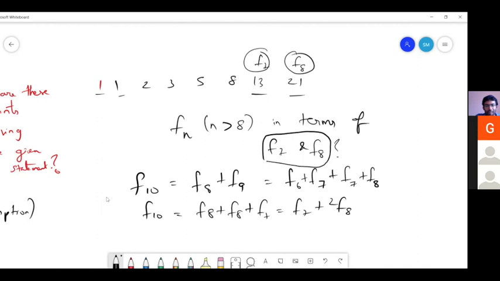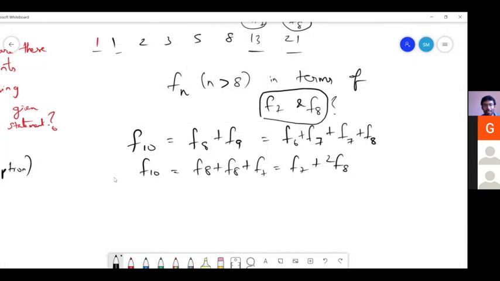So what about F11? Can you represent F11 also? F11 is 2F7 plus 3F8. So can you represent F100 in terms of F7 and F8? What would the coefficients be?